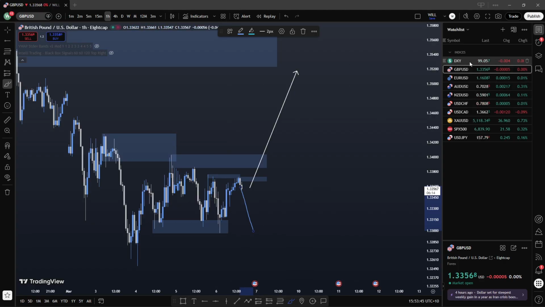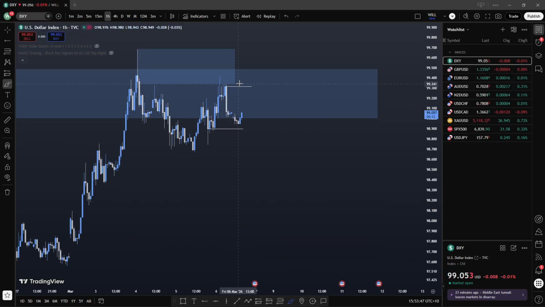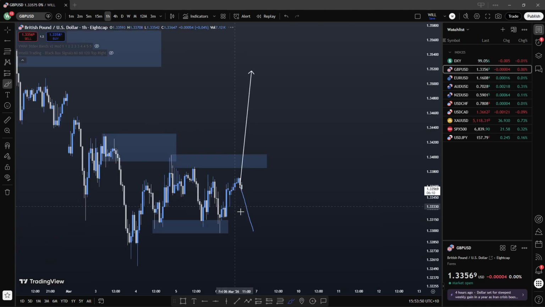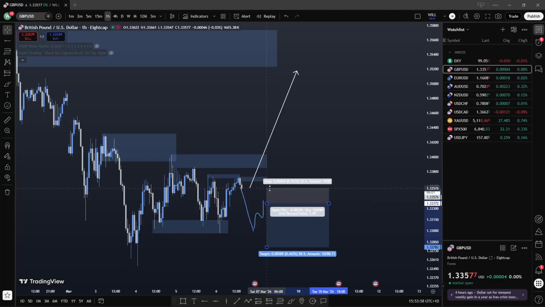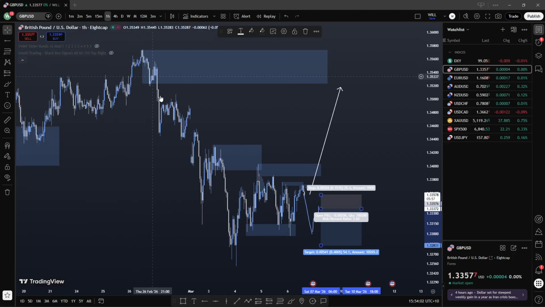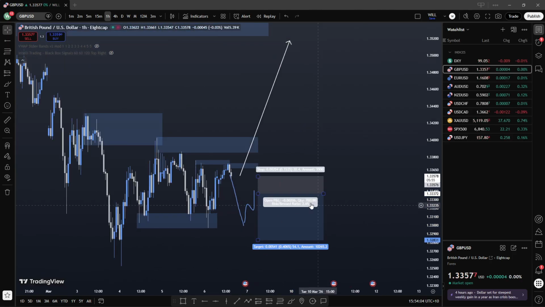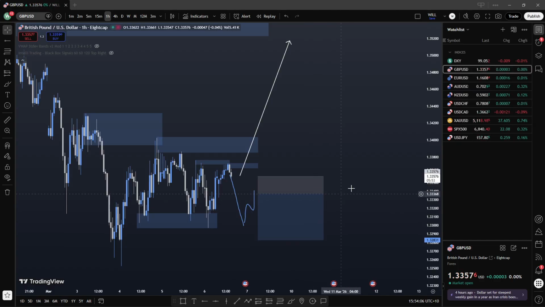We'll have that close, we'll have that confirmation, we'll also have that confirmation to the upside here. Then we can look for a retracement here to sell somewhere like this to this low, which is the bottom of that 4 hour range.